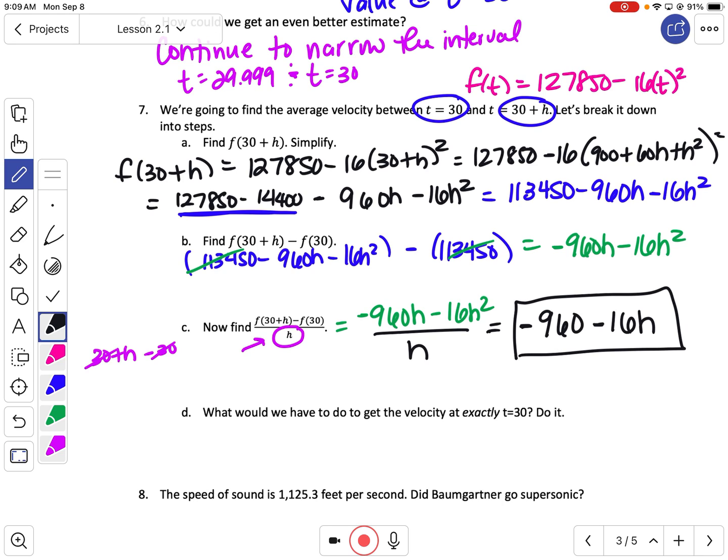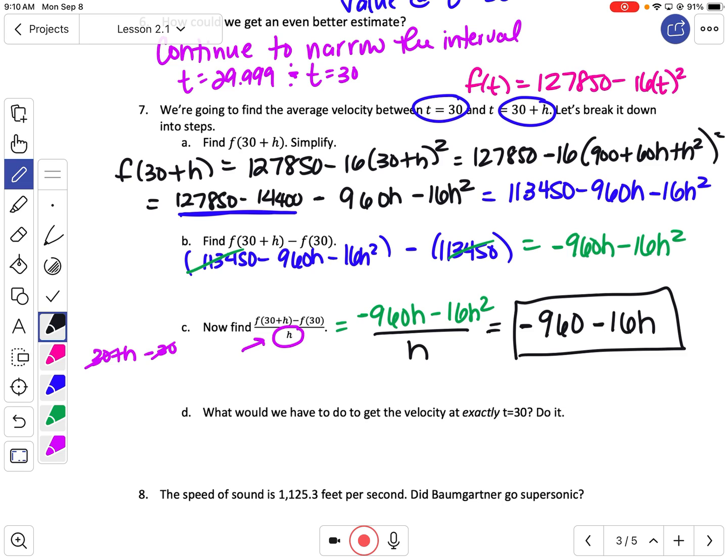Okay, now, what would we have to do? All right, so we've got a velocity formula there for some arbitrary distance, as small as we want to make it, from 30. Okay, h is that distance from 30. What would we have to do to get the slope or the velocity at exactly 30?